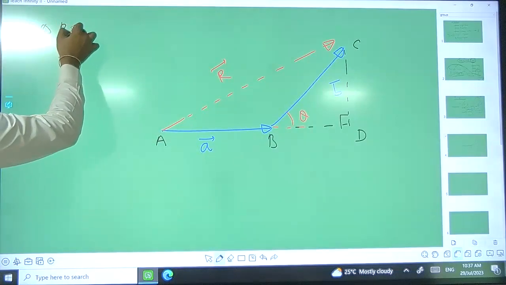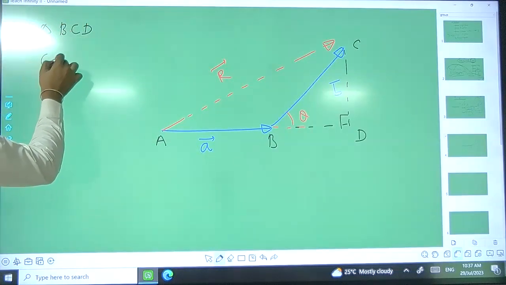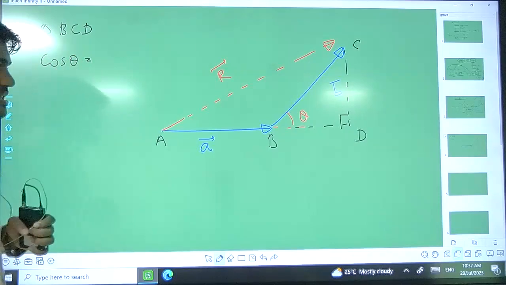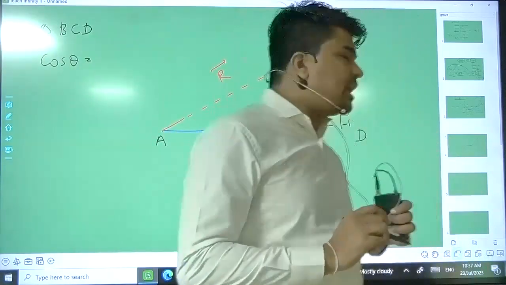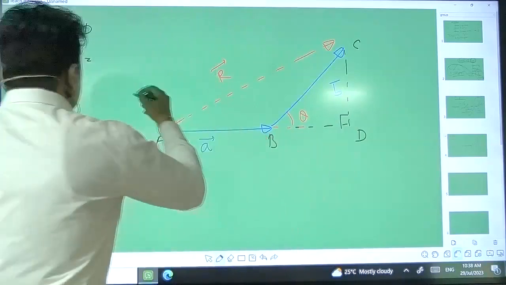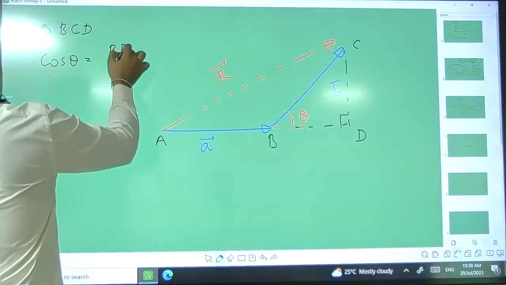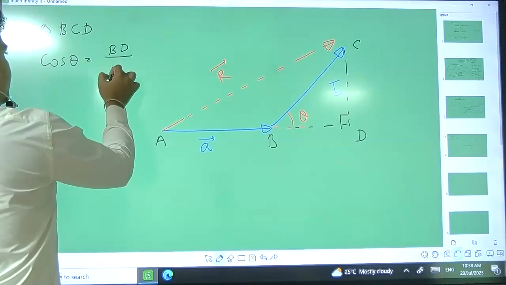What are we going to write for cos theta? Cos theta equals base by hypotenuse, or BD upon BC.